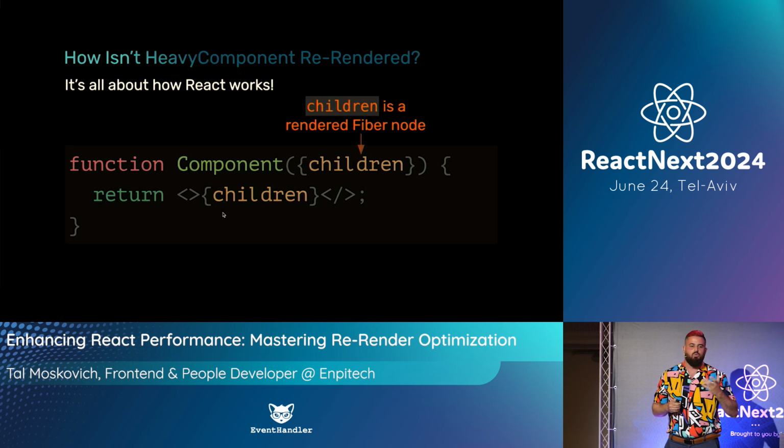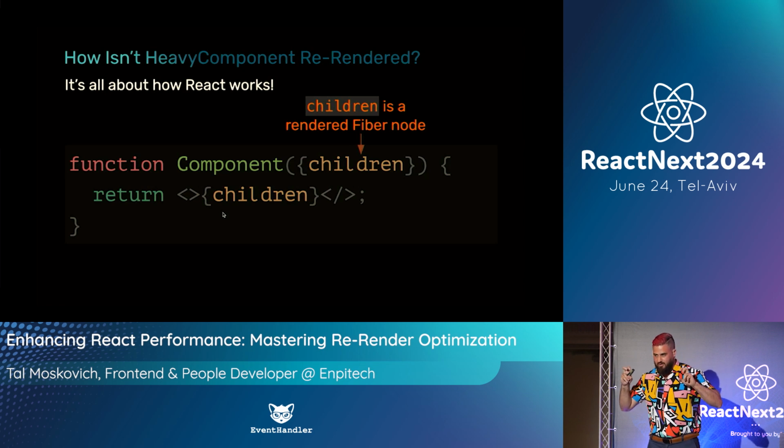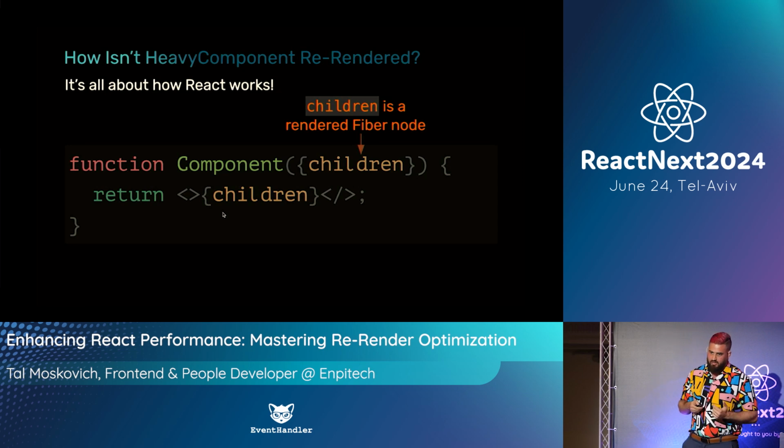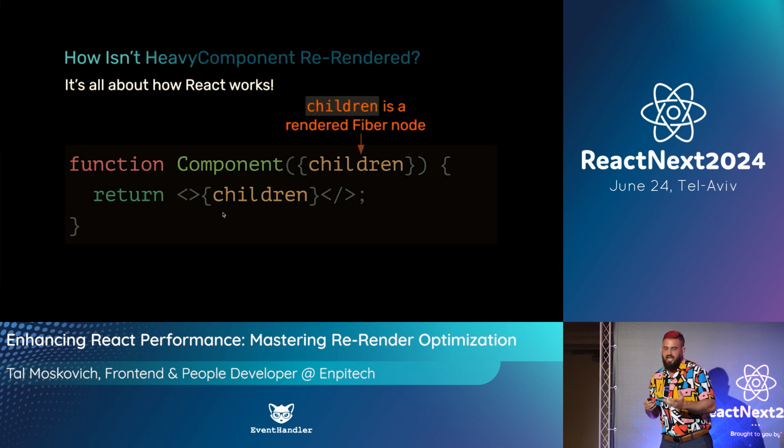And when there is no reason for children to be re-rendered, React actually saves its referential identity from the last render, which means it's memoized. And we saw this example in the form. In the form, we had a state change that triggered a render. But on the heavy component, there is no change in the props or in the state. So React memoized it. And that's why the heavy component is not rendered again.